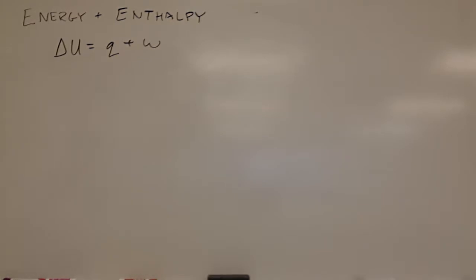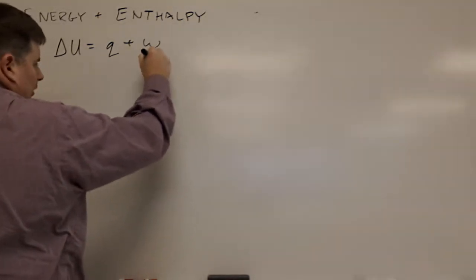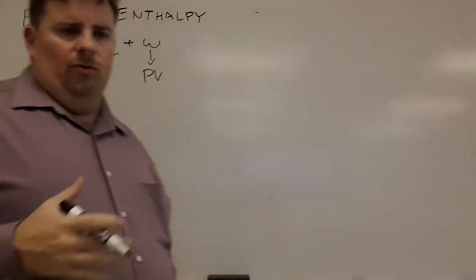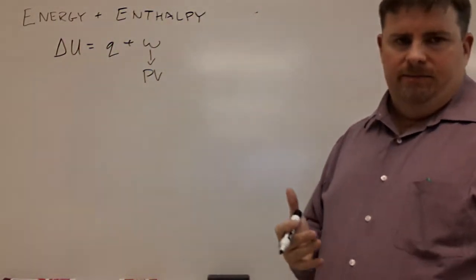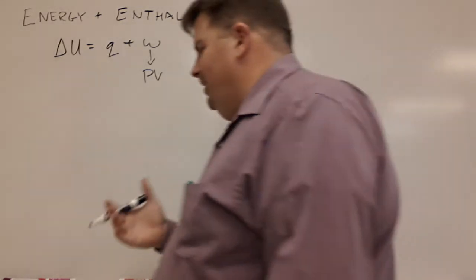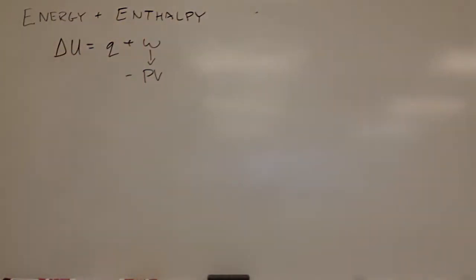Work is a measurement of a change in pressure and volume. So what's happening as far as work goes has got to be related to the system, and the sign associated with this is going to be negative.